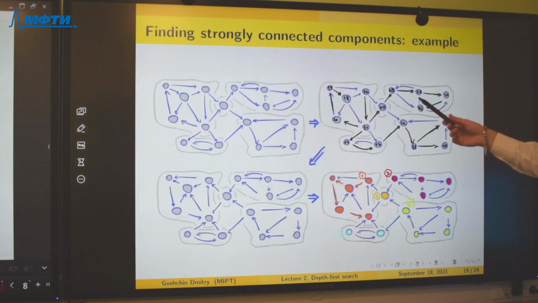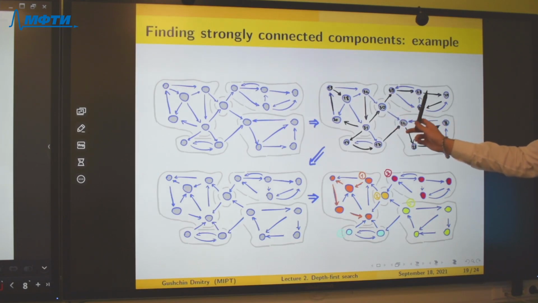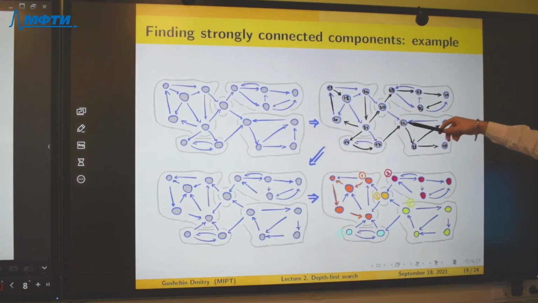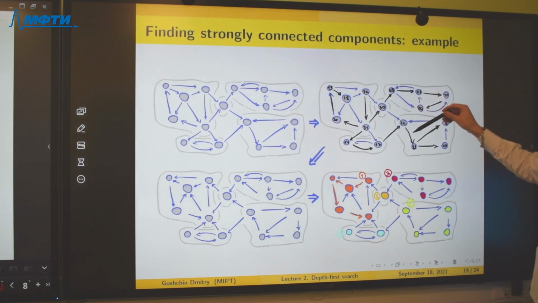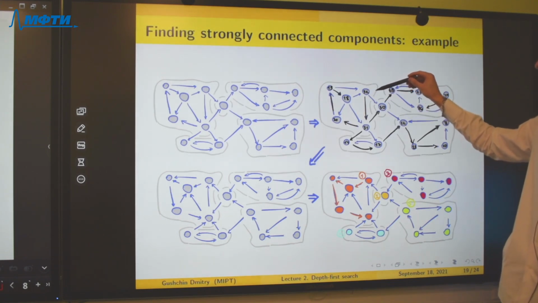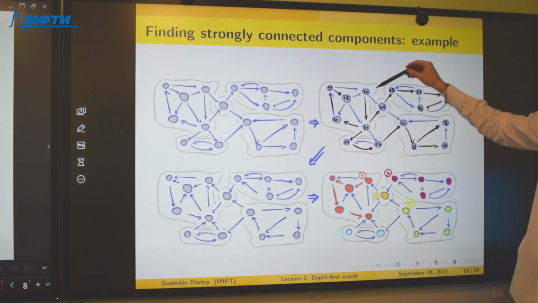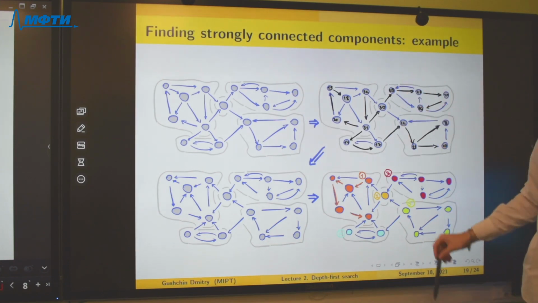Remember, when we use DFS, we get the finish time of each vertex, and then we repeat DFS in the graph where we reverse all the edges, and start with the vertex with the biggest finish time.